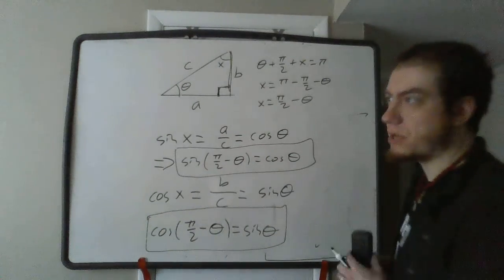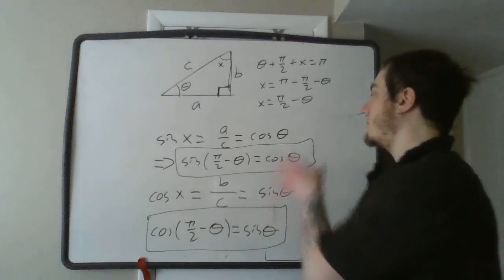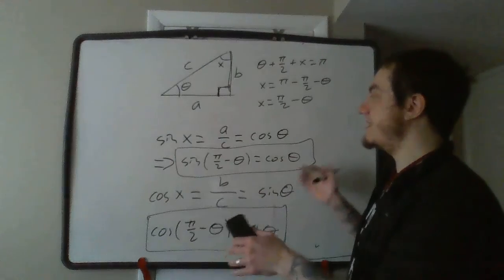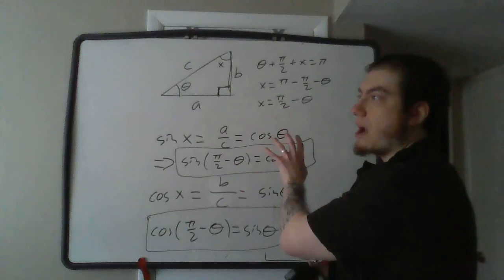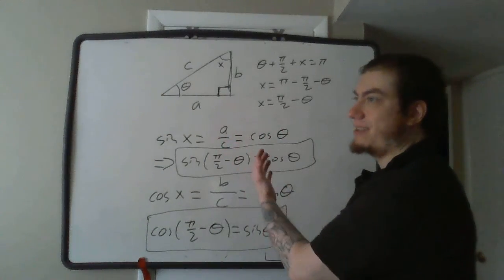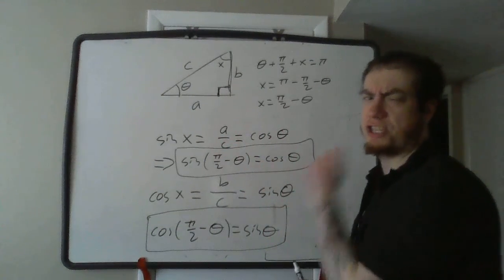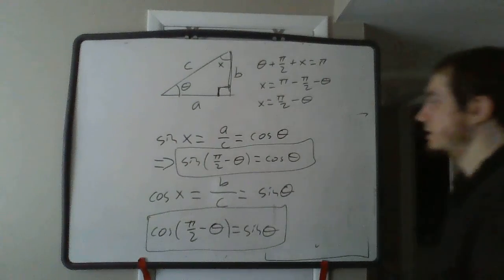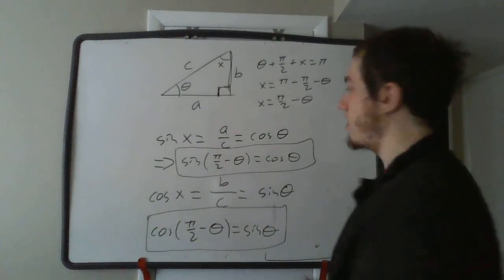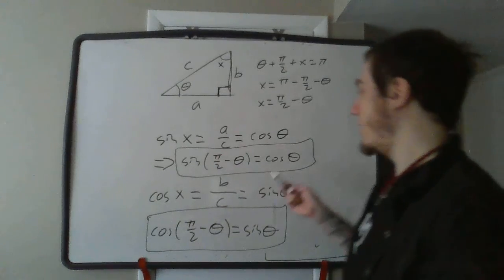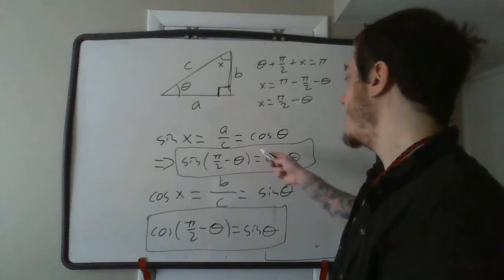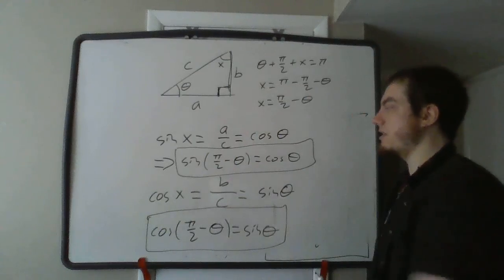If you look in your book at the graphs of these functions, you will find that they have this kind of symmetry. One graph is just the other graph shifted a bit and reflected. And actually, the reflection doesn't really change anything, depending upon which way you're going. So I'm not going to go into detail about how the graphs play into this, but if you look at it, you can see that this is something we would expect.